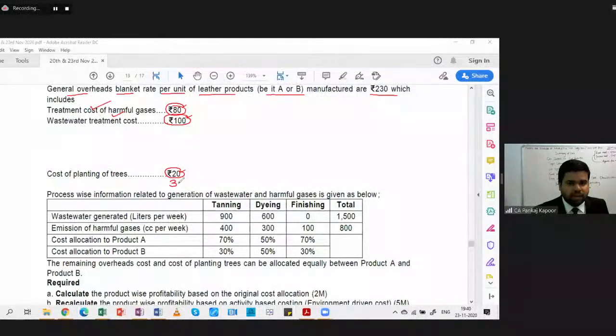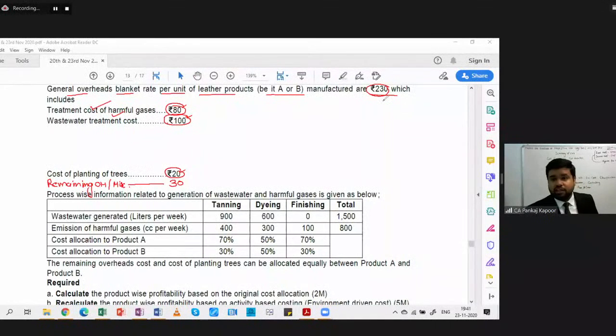So there is still a balancing figure of 30 rupee, because the total overhead is 230, but he gave you the classification only for 200. Hence, the remaining 30 can be called remaining overhead or miscellaneous overhead.